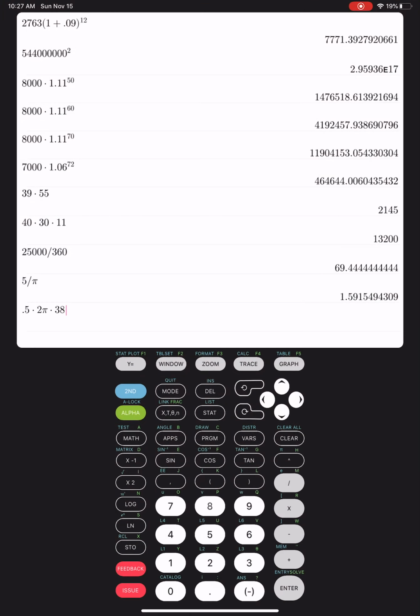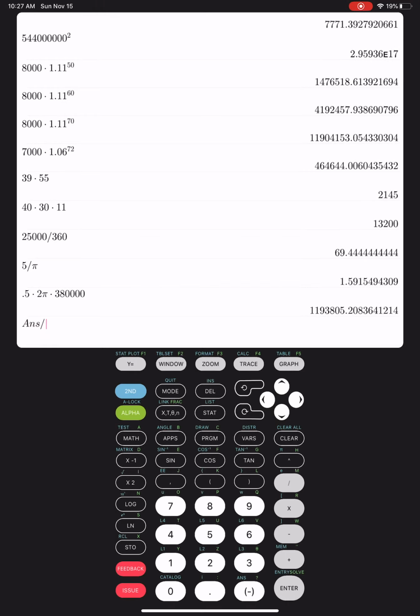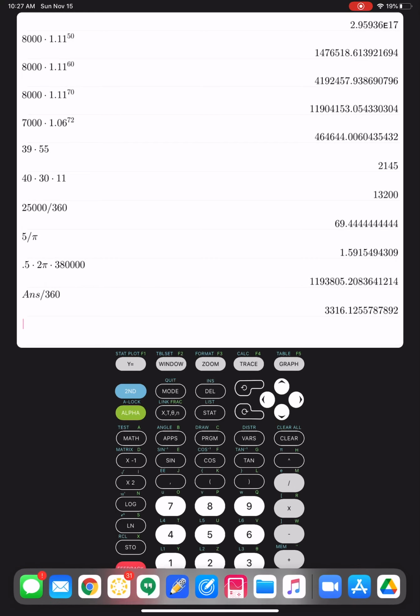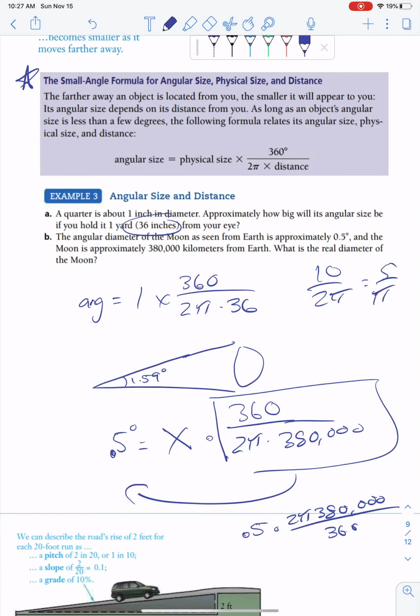That gives me my top, but then I've got to divide that by 360 degrees. So the diameter of the moon is 3,316, so about 3,316-ish kilometers.